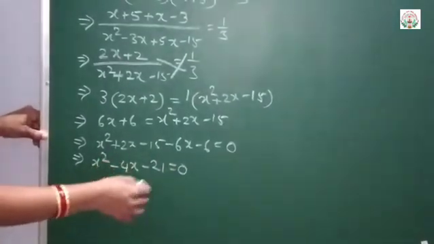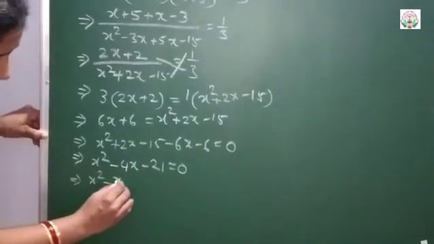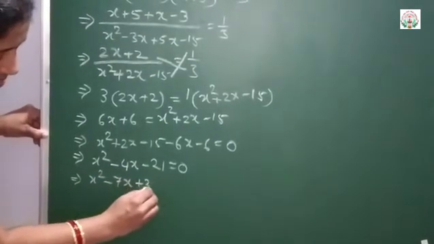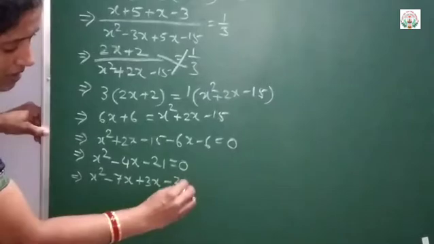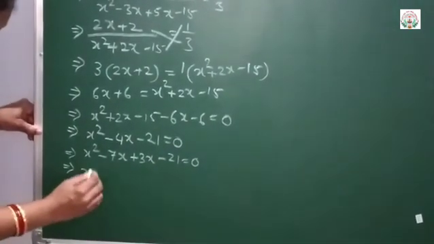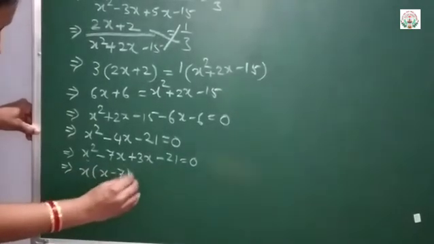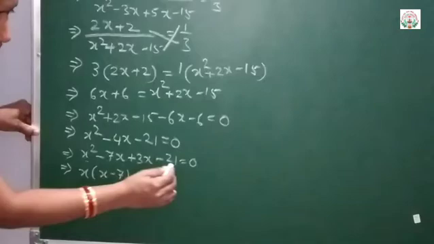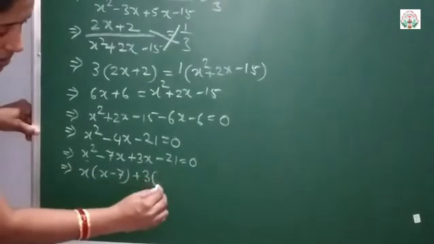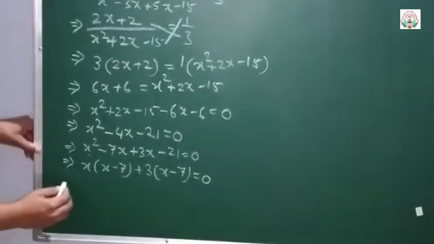Now you have to split the middle term. Okay, so it will be x square minus 7x plus 3x minus 21 equals to 0. Implies here in these two terms x is common, so x minus 7 will be left out. Here in between these two terms 3 is common, so 3 times x minus 7 equals to 0.